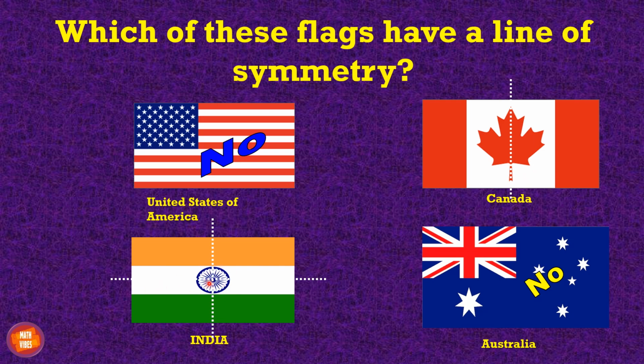But here we have a circle, right? And with 24 spokes in this Ashok Chakra, right? So it can have a horizontal line of symmetry also, because that way also the design will match with each other exactly. That is why the Indian flag and the Canadian flag are symmetrical, but the other two are not. Let's move ahead.